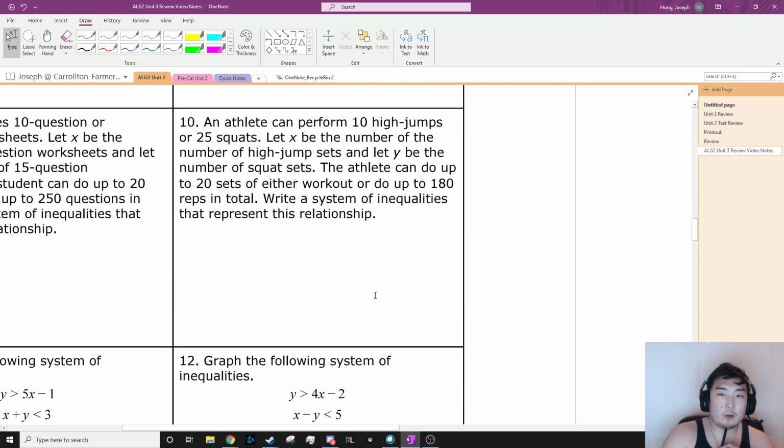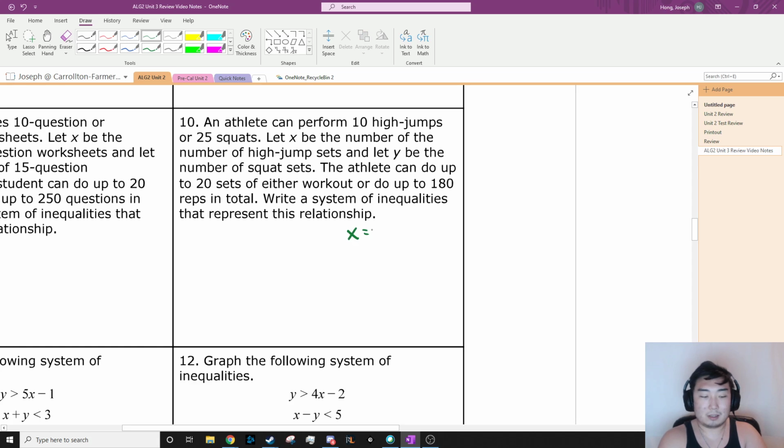An athlete can perform 10 high jumps or 25 squats. So let x be the number of high jump sets, and let y be the number of squat sets.